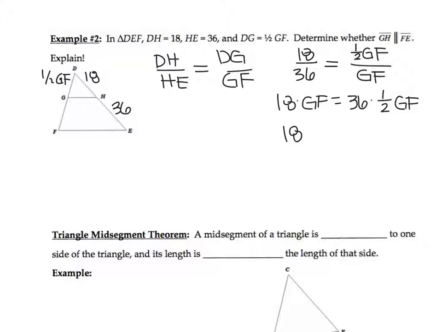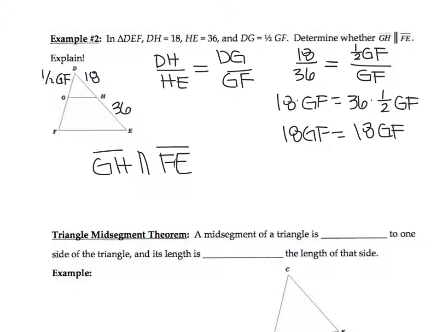So my left side is going to become 18 GF, and on my right side, 36 times 1/2 is 18, so we get 18 GF. We get 18 GF on both sides, which means our sides are proportional, which means that GH is parallel to FE. It is parallel. If we hadn't gotten the same thing, then the side would not have been parallel.